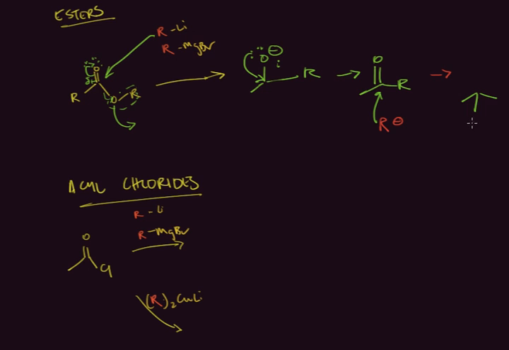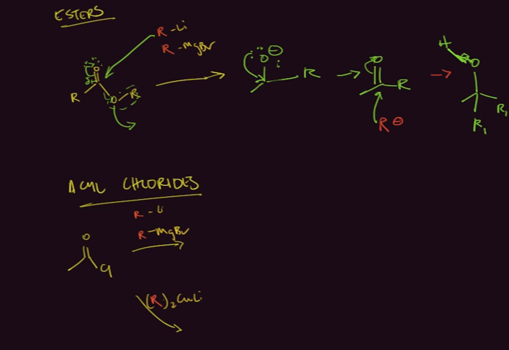So now you've got 2 of the R primes that came off the organometallic, either the Grignard R's or the organolithium R's. And now you've got, again, that negatively charged oxygen because the electrons have kicked back up. And you follow that with an aqueous workup where the oxygen can abstract a proton.